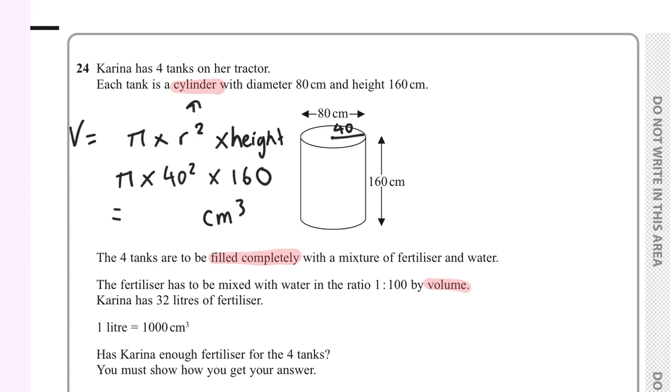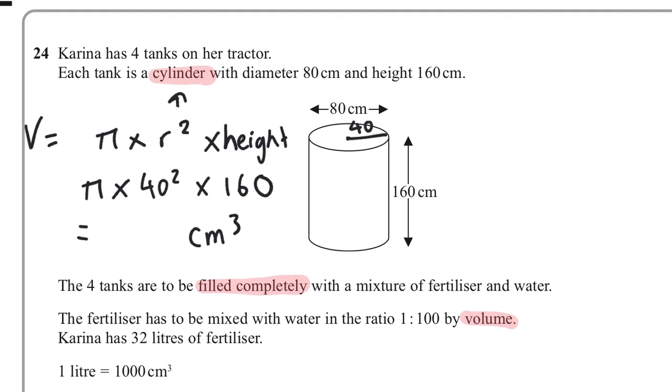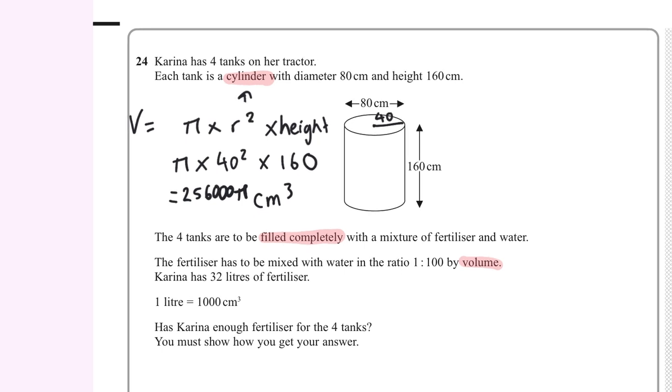Crikey, this is big. This is really, really big, I can't lie to you. I'm going to leave it for a moment in terms of pi. And when you see how big the number is, I feel like you'll understand why I'm doing that. It's 256,000 pi. The number is massive. It's 804,247.7.